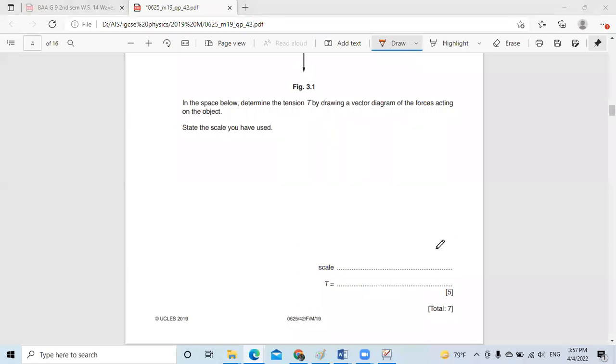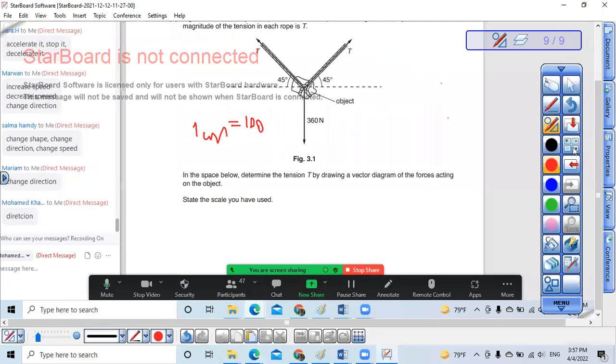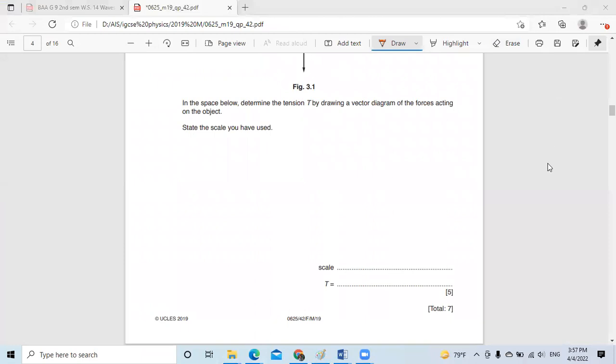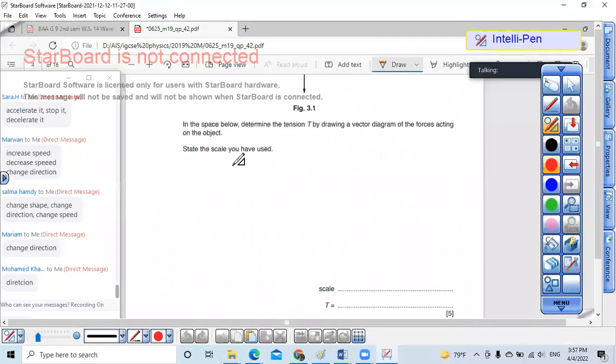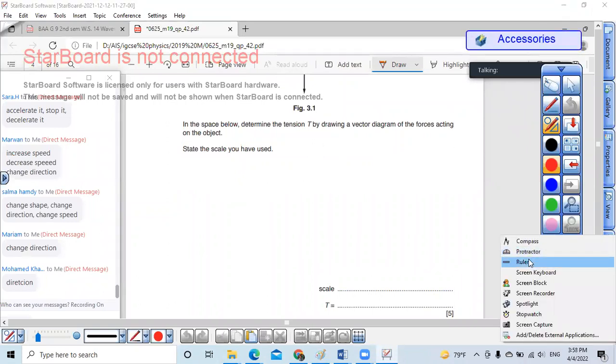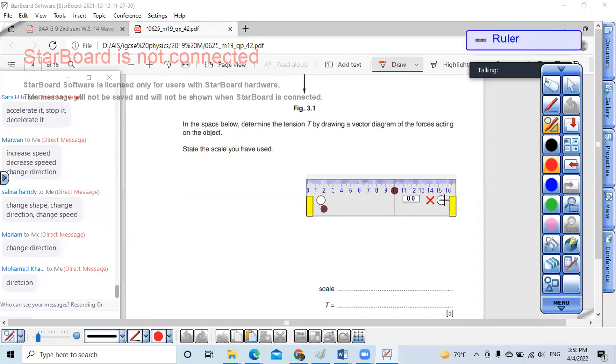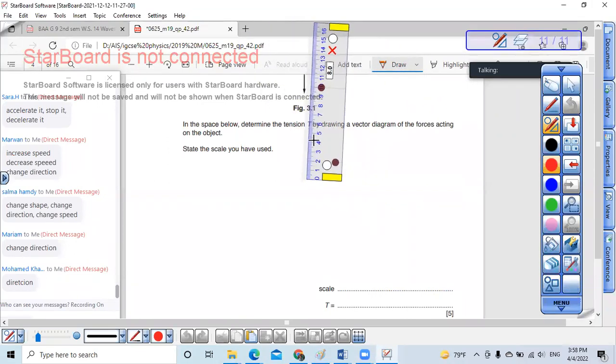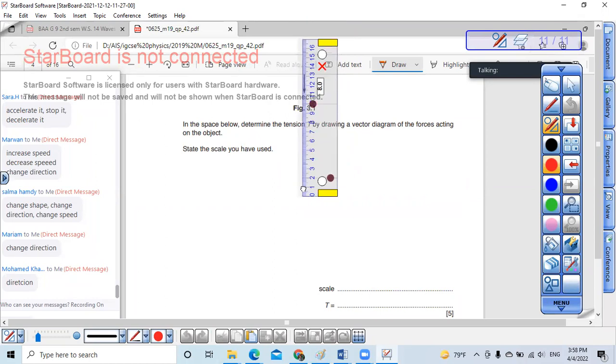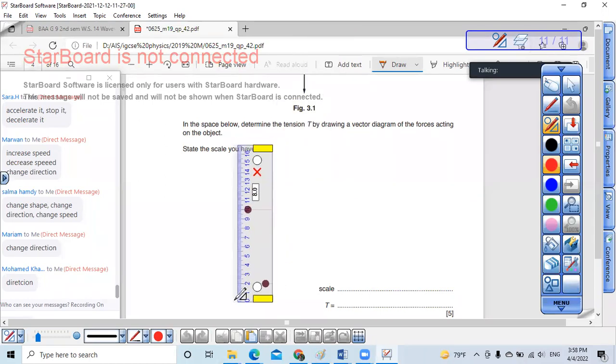Hold on. Like this. I'm going to put the scale as I told you. First of all, I'll bring my ruler, and I will draw approximately 3.6 centimeter downwards, but this scale is not the same, it's a half centimeter scale.